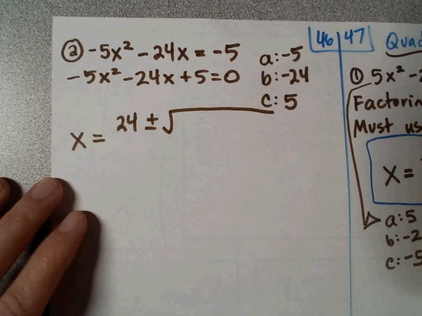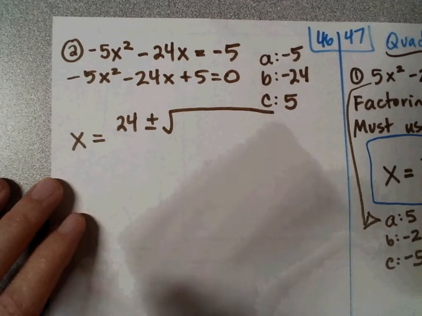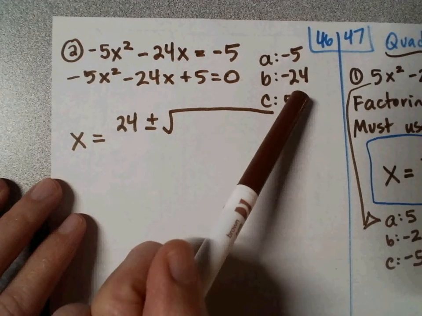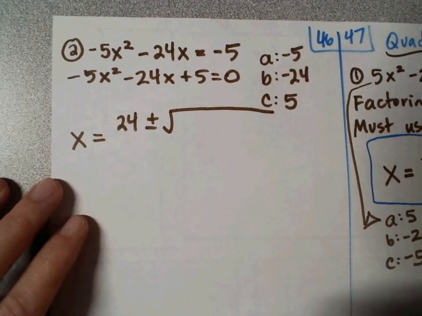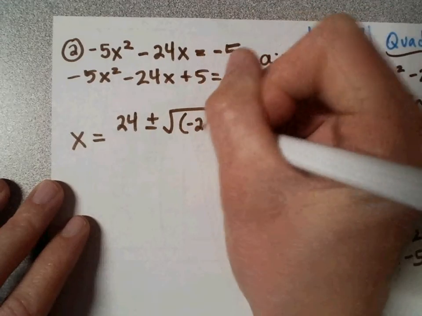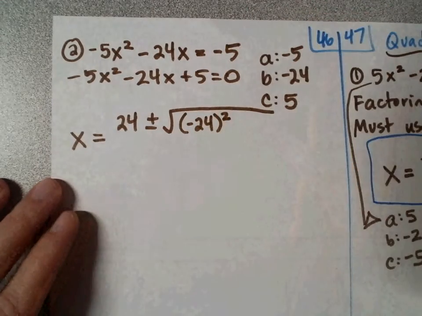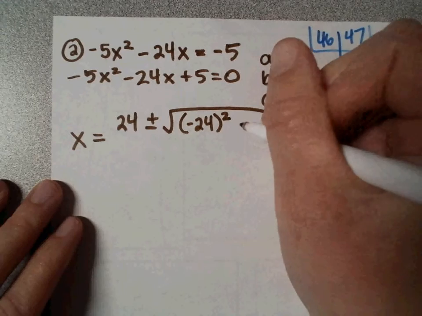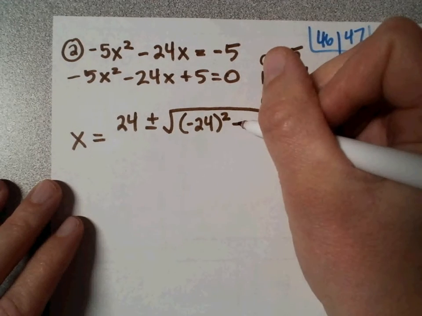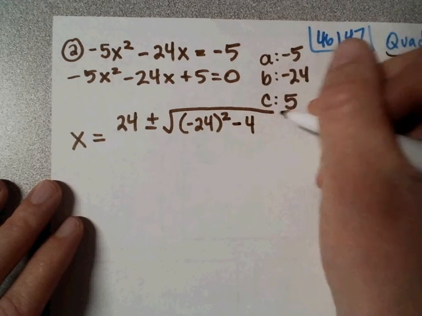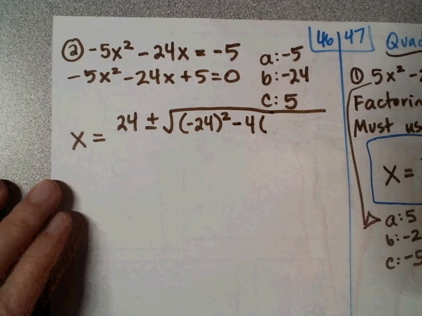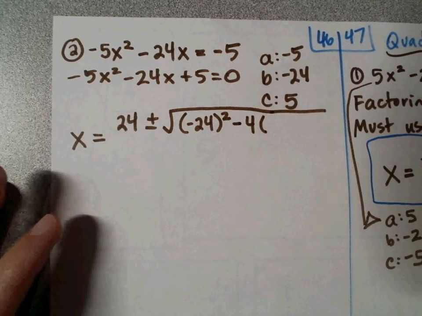B squared. So that would be -24 in parentheses, right? Okay, so B squared minus 4 times A times C. So what are you going to times?